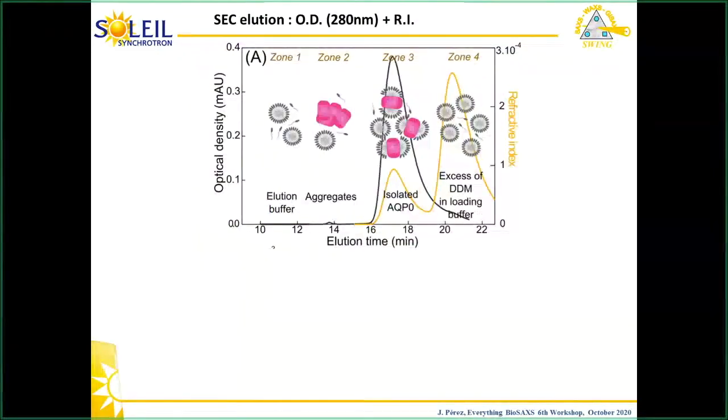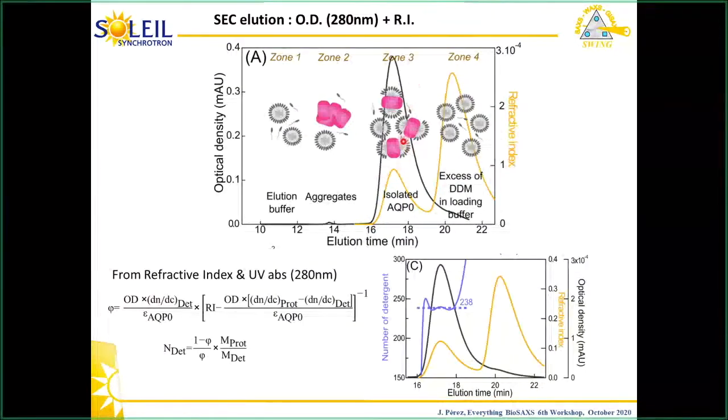So this is symbolized here, where you have the peak from the mixture of the free micelles from the buffer and the corona, the complex of protein with the detergent corona. And the free micelles that were in excess in the injected solution travel slower in the column, so they will be eluted afterwards.